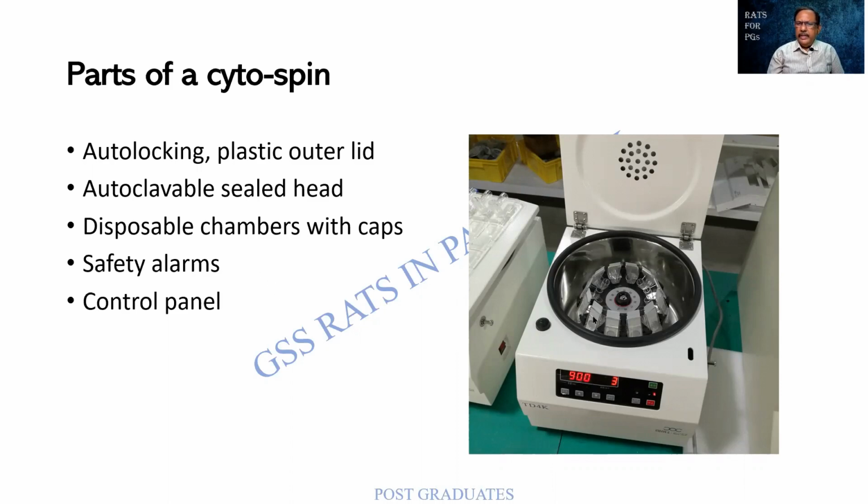The entire gadget can be autoclaved because the samples can be positive for hepatitis, positive for HIV, and nowadays COVID. All the chambers can be disposable and they are provided with caps, which I shall be showing. Safety alarms are there to indicate the time if something is wrong, etc. And there is also a control panel by which we can operate from outside without opening it.